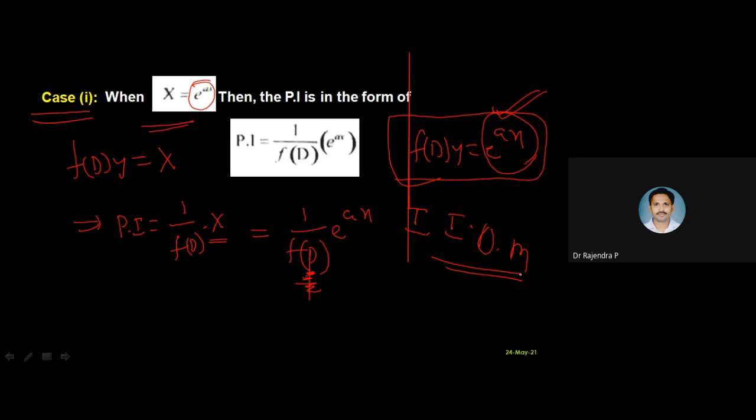So how to go ahead? Very simple. We need to solve the particular integral. The form is 1 by f of D into x. In place of x, this time I got e power ax. What will be the solution? Very simple: 1 by, what is the coefficient of x? a is the coefficient, and we substitute it in place of D, into e power ax.